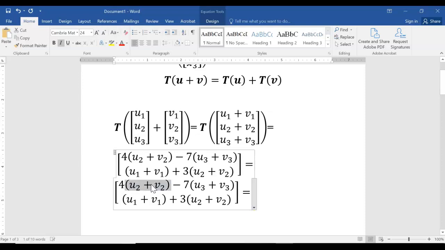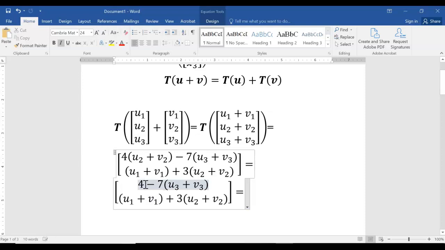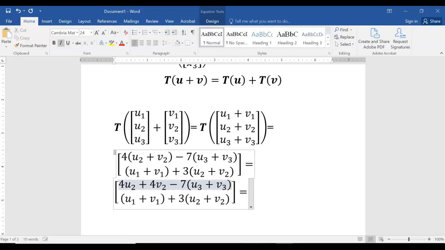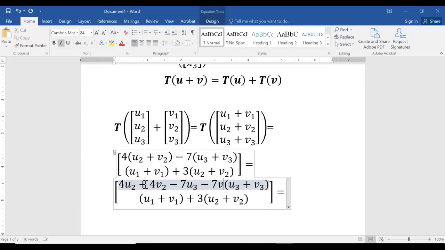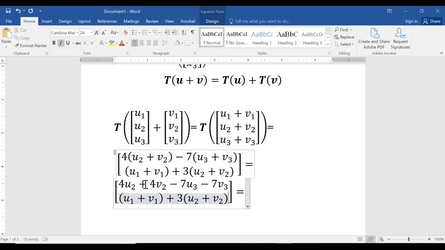If I distribute the 4 in, it's going to give me 4u2 plus 4v2 minus 7u3 minus 7v3. That'll be my first entry.